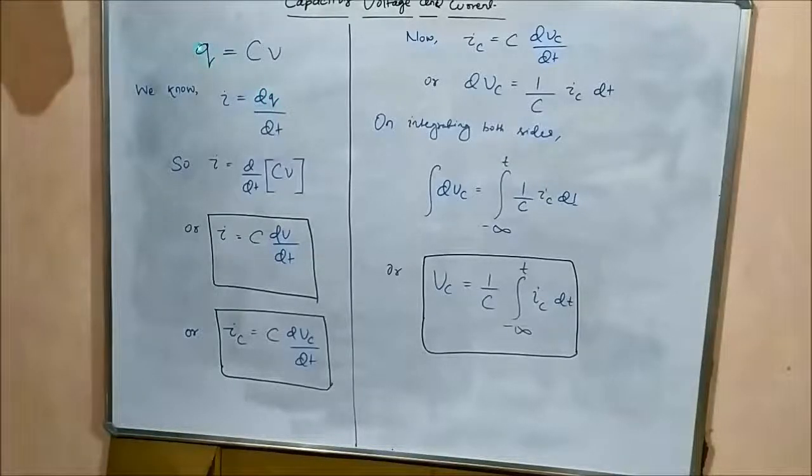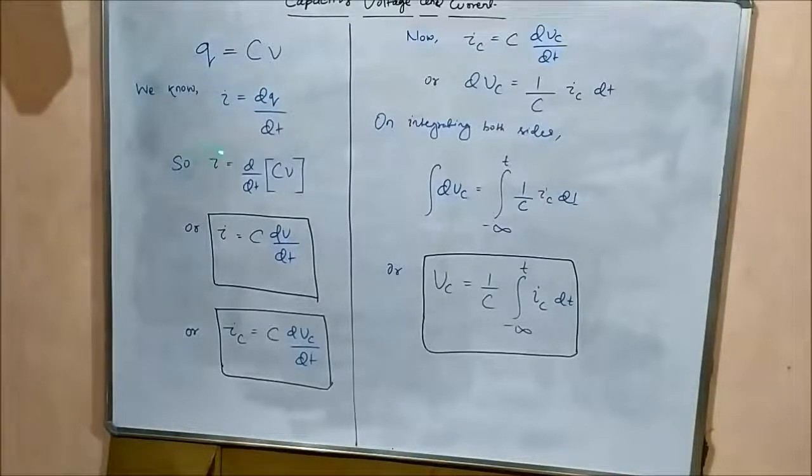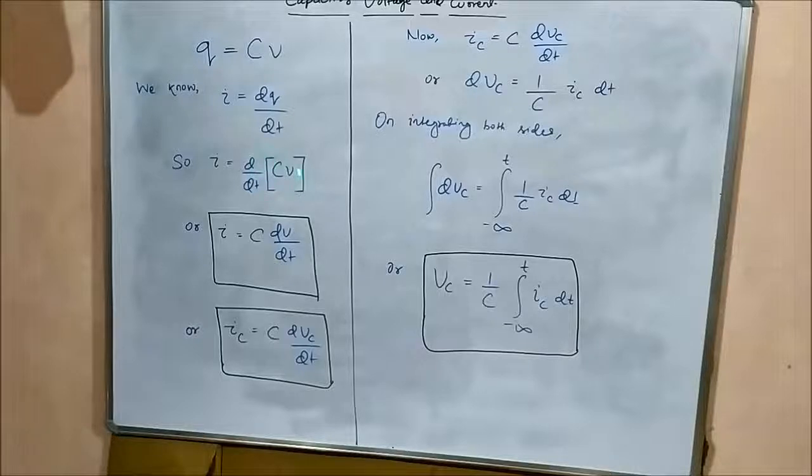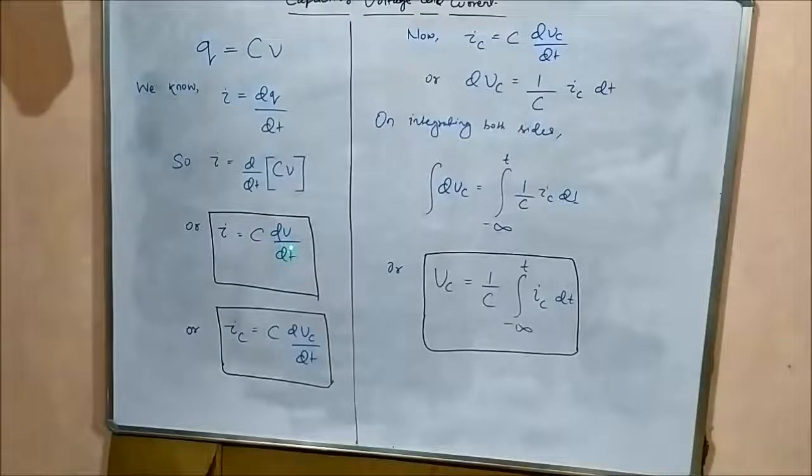If we put this value of Q, CV, in this expression, we get the capacitor current, the current flowing through the capacitor, is equal to the derivative of CV. The capacitance is a constant value, so it goes outside. So I is equal to C dV by dt.